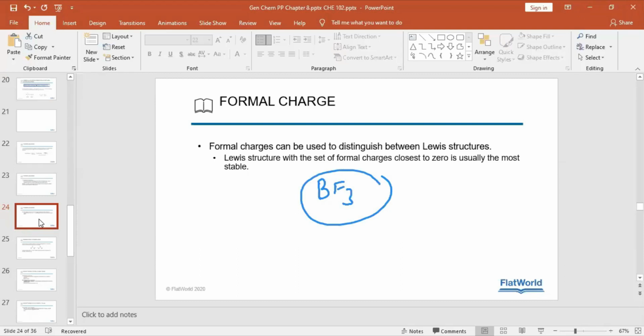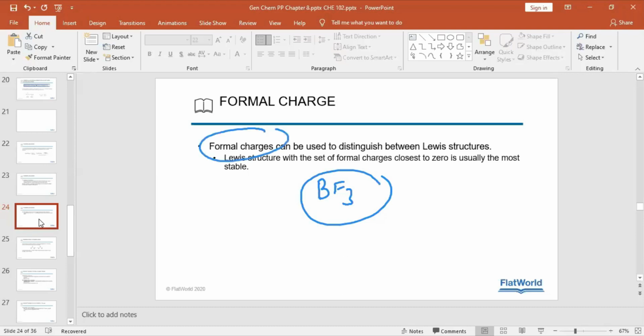Unfortunately, not all 3 may be right, so we have to find out. We have to set a parameter to identify which of the 3 Lewis structures will be the right structure. That's why we need formal charges.